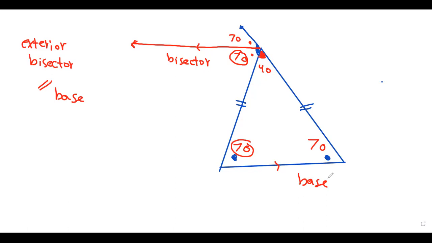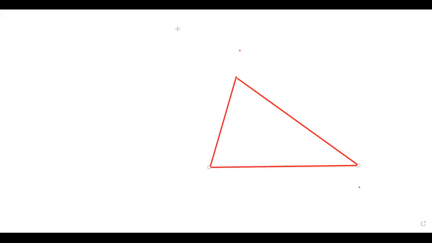What is the relation if I have a triangle like this one, and I want to know the relation between the exterior and the interior bisector? This is the interior bisector of this angle.